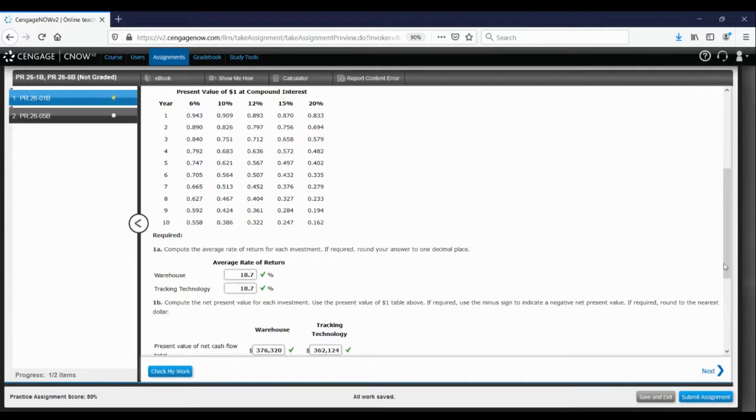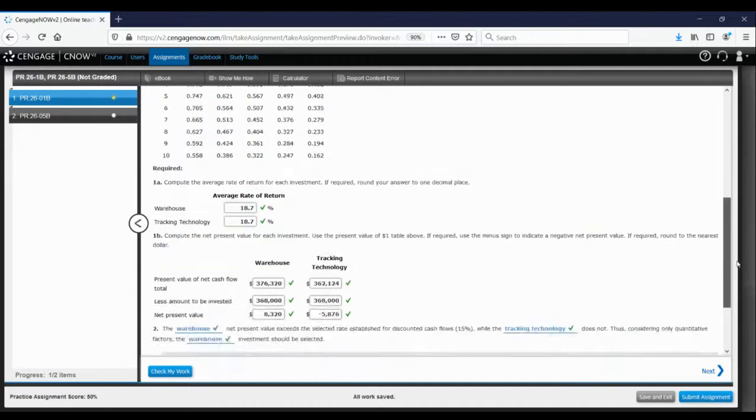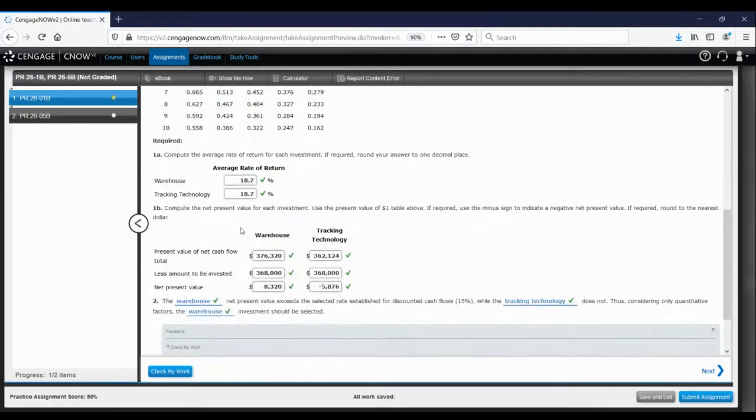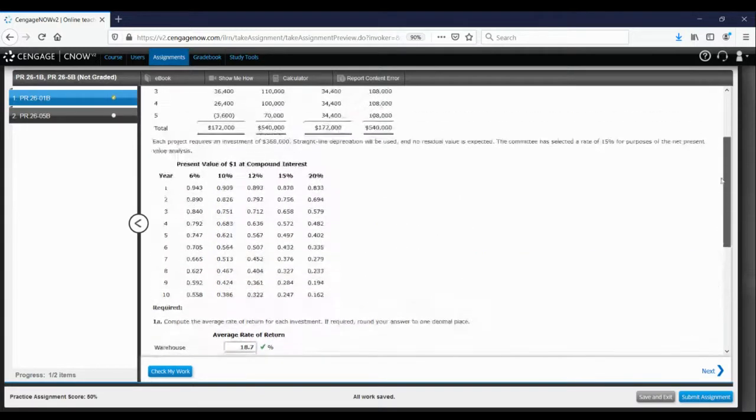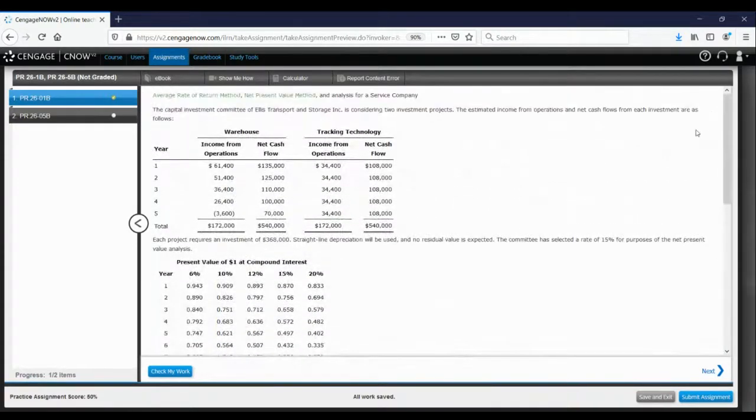And so we did that with the net present value analysis, and then it was determined that the warehouse would be the better investment. There's a lot of calculations in these. And again, when you're determining present value, it has to be on your net cash flows.